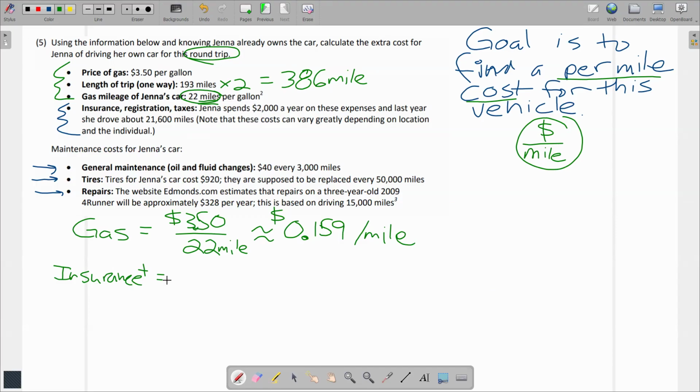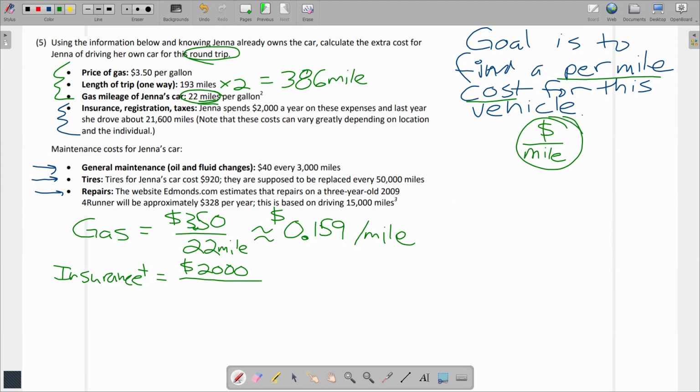Okay, so we're going to put $2,000 here. Do we have a mile amount in that paragraph? 21,600. Yeah, so this says in a given year, she spends about $2,000 on these expenses, and in a given year, she drives about 21,600 miles.